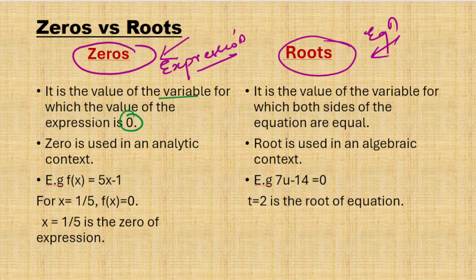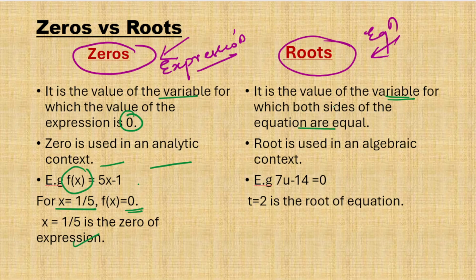By definition, a zero is the value of the variable for which the value of the expression becomes 0. We have seen this here with the help of an example. This is known as the zero, which is used in an analytical context. Here you have the example 5x minus 1. For x equals 1 by 5, your expression f(x) becomes 0. So this is the zero of the expression. Whereas a root is the value of the variable for which both sides of the equation are equal.